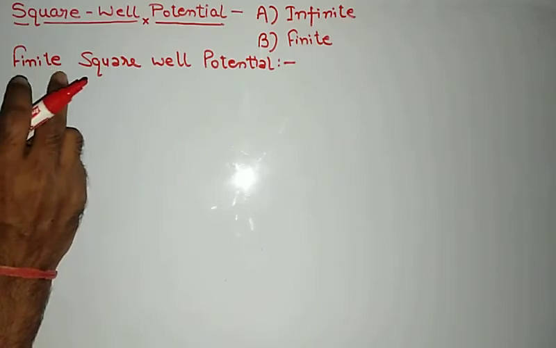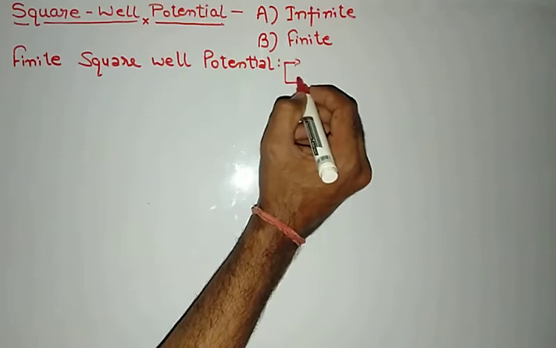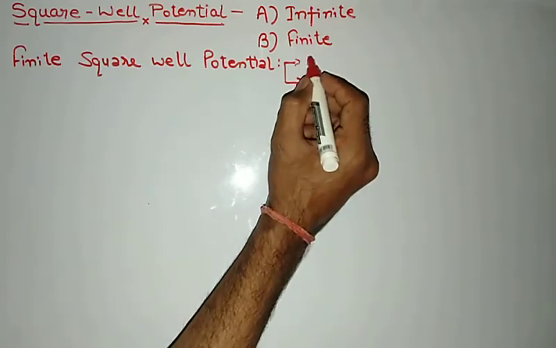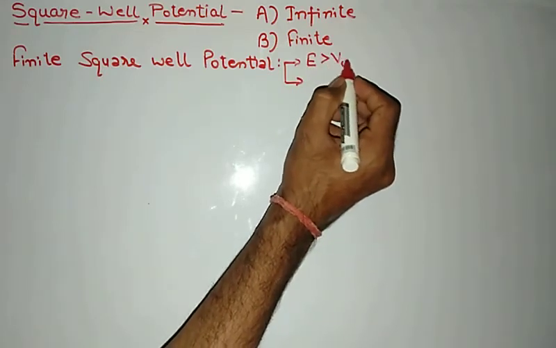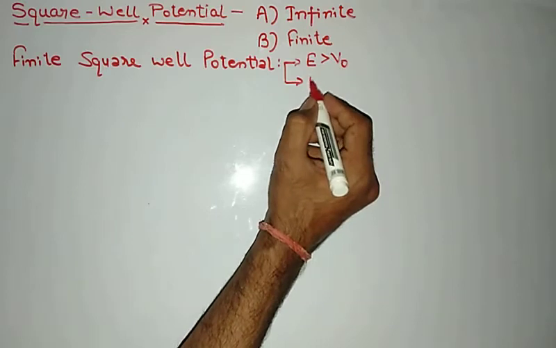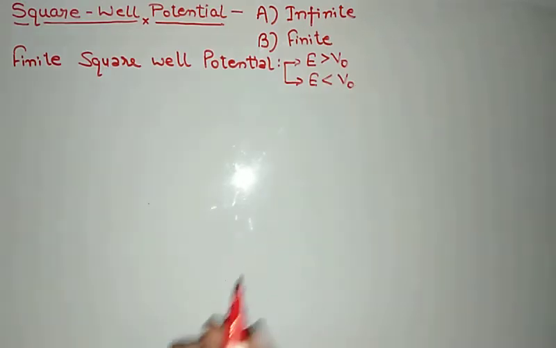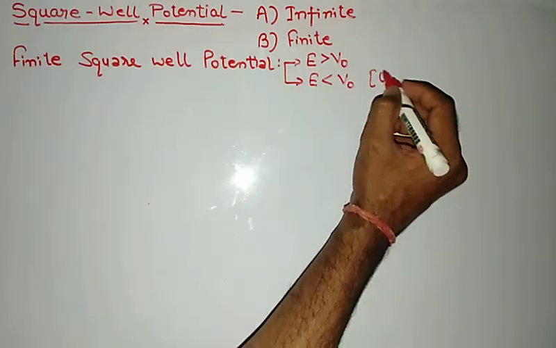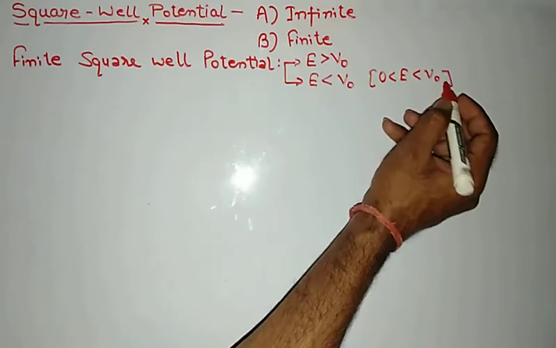In this case again we have two cases. First one is when the energy of the incident particle is greater than the potential height, and second when the energy of the particle is lesser than the potential height, or more clearly it will be greater than 0 and less than V naught.